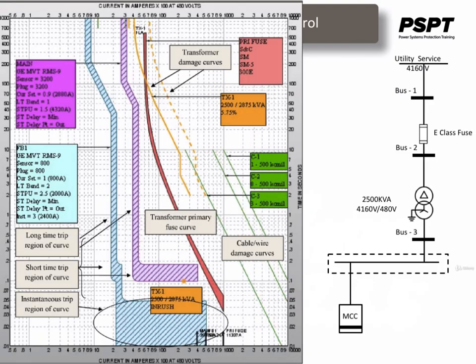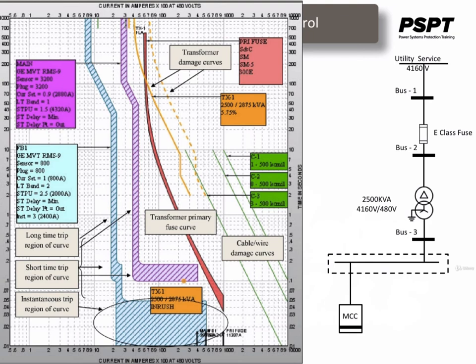Let's go again. The one-line diagram and TCC plot shown here is a typical or hypothetical industrial power system. There is a utility delivery point with power supplied at a medium voltage level, in this case 4160 volts, which feeds the primary side of a 2.5 MVA power transformer through a medium voltage fuse containing an E-class type fuse.